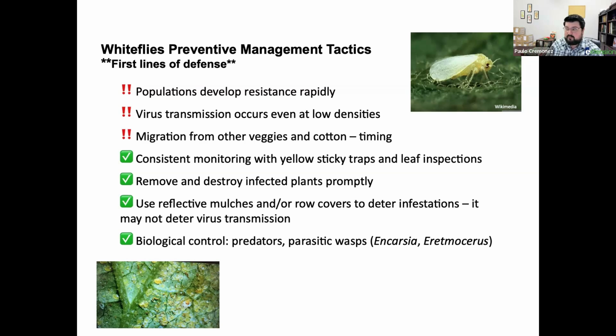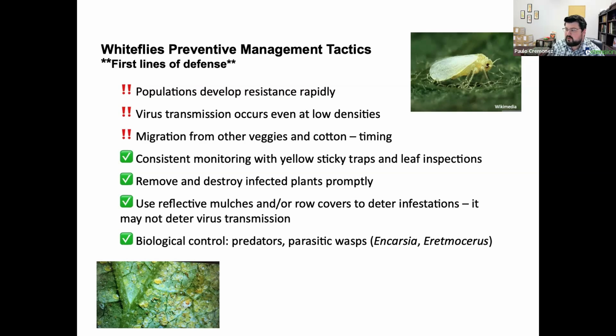They can migrate from other vegetables and cotton, so they're very generalist. So if your neighbor is harvesting cotton, or there is some other defoliation of other plants, be prepared that you can have a flare-up migration of whiteflies into your area.